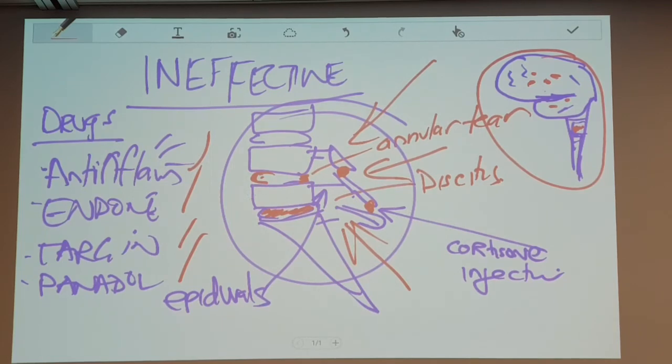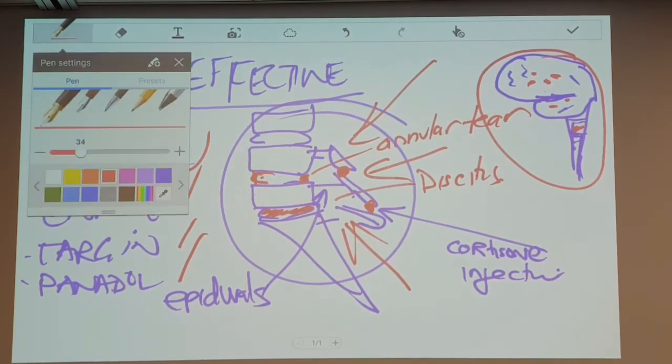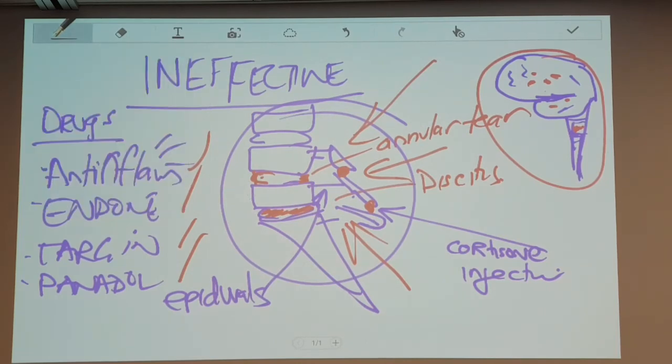And surgery, say we operate on this patient, it's just like the patient with the mangled foot that we amputated. If we perform a fusion and put some screws in like that, that still does zero.